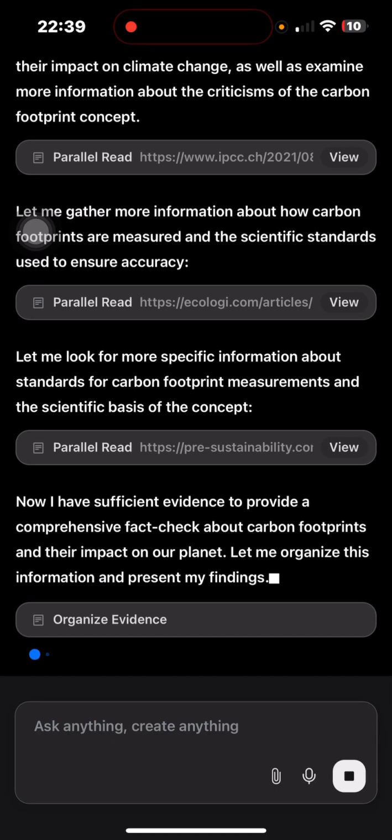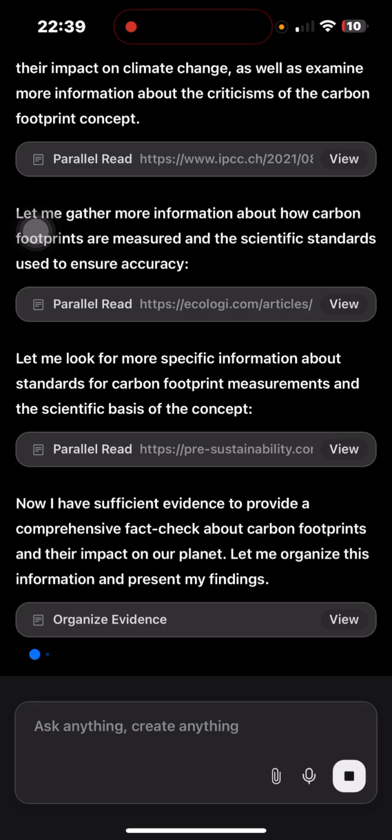Once it has gone through all its research and collected all the information, now it is organizing the collected evidences. Let's see.